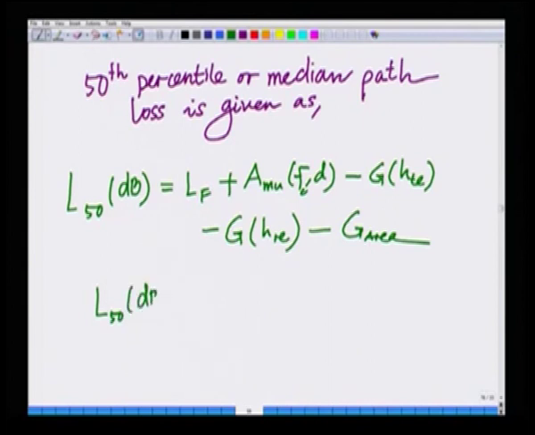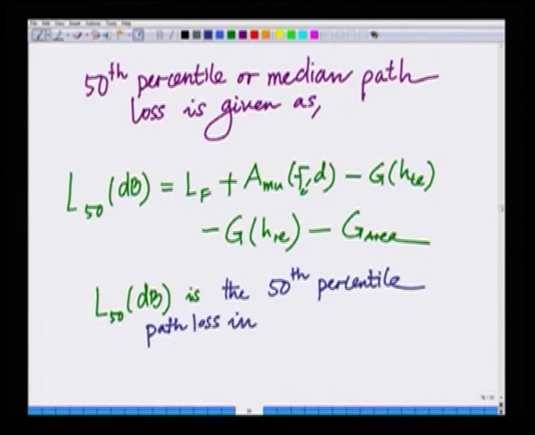L50 dB, as we already said, is the 50th percentile path loss in dB, which essentially says it is the median path loss.